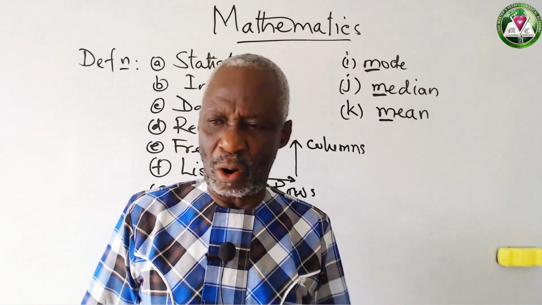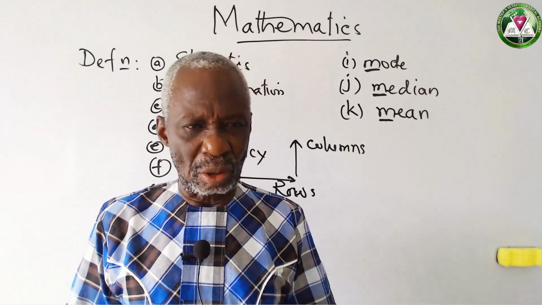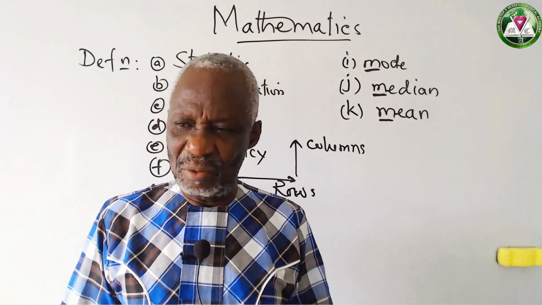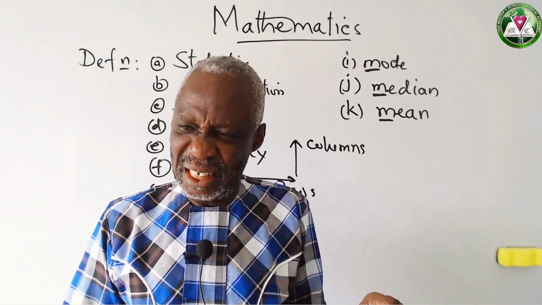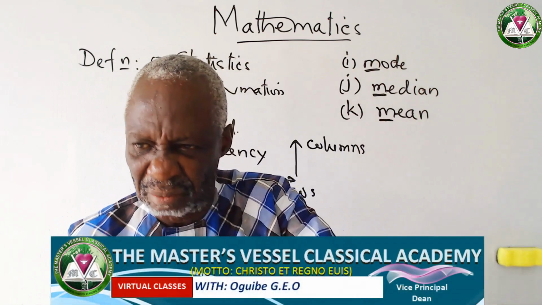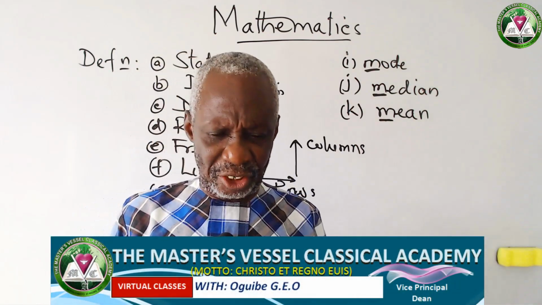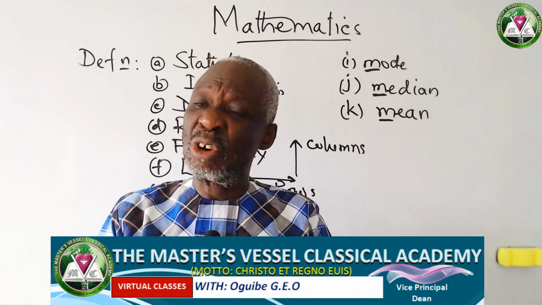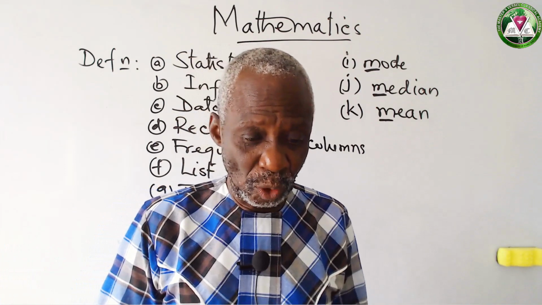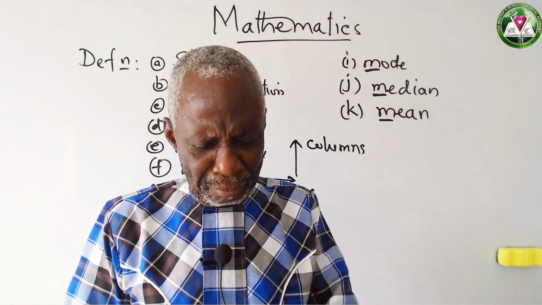What is your total score? How many subjects did you do? Take that number and divide. Then we have that mean, that average. Of all the subjects that you did this time, this is what you are scoring as an average. So the parents will look at it and then know whether you are doing well, overdoing well, or underdoing well. So the mean is very, very important.